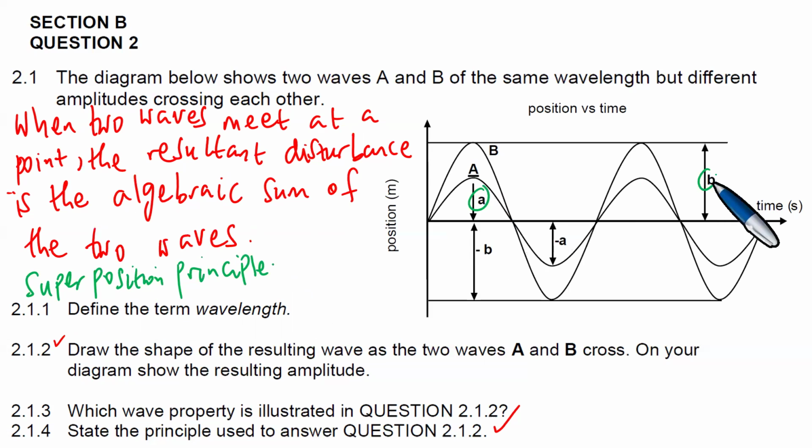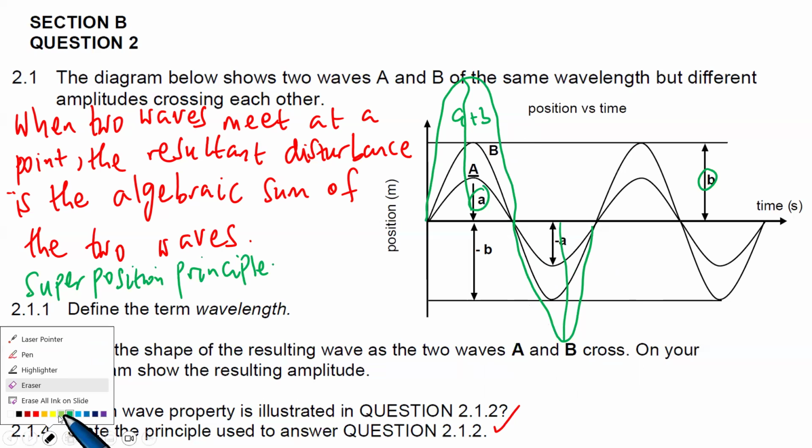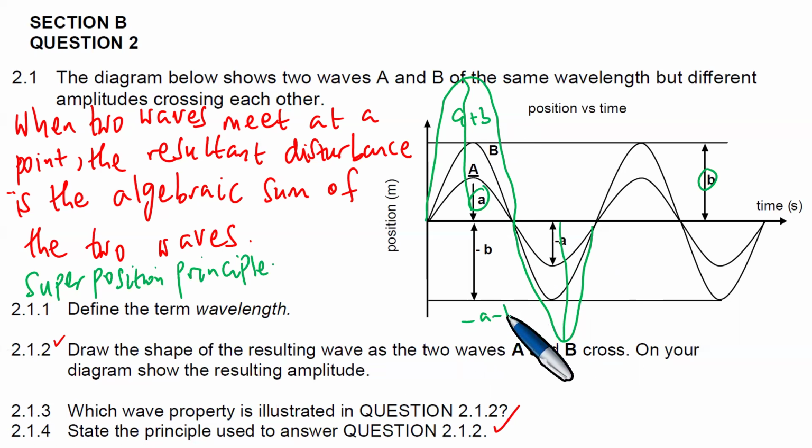This one is A and that one is B. When they meet, they're going to have a higher crest like this, A plus B. And then this one is going to go like this, minus A minus B. And because it's A here and then B there, it's going to go like this. So this is called superposition or constructive interference.